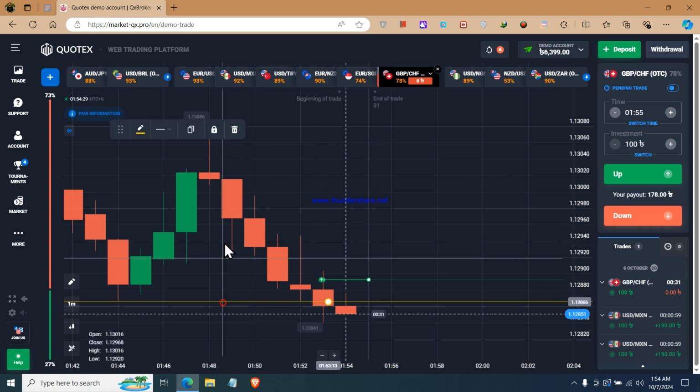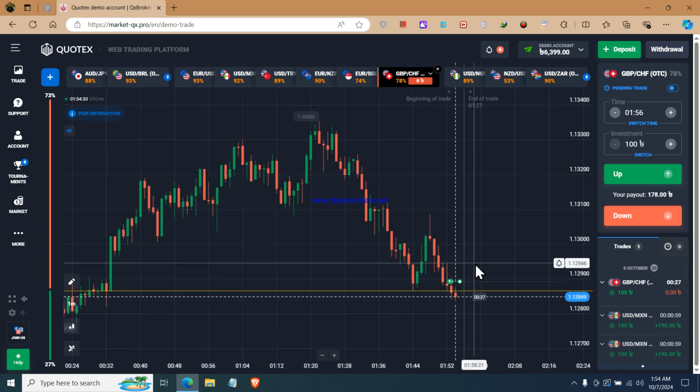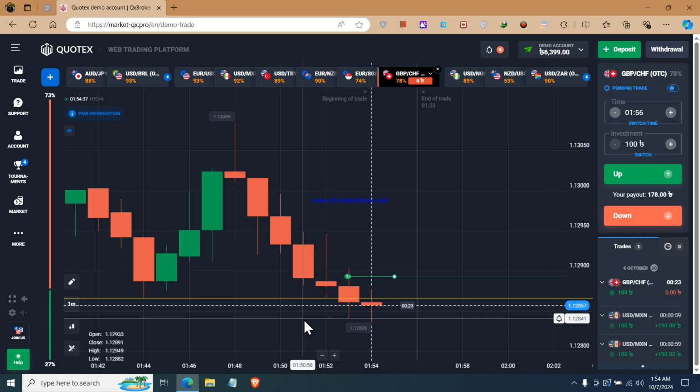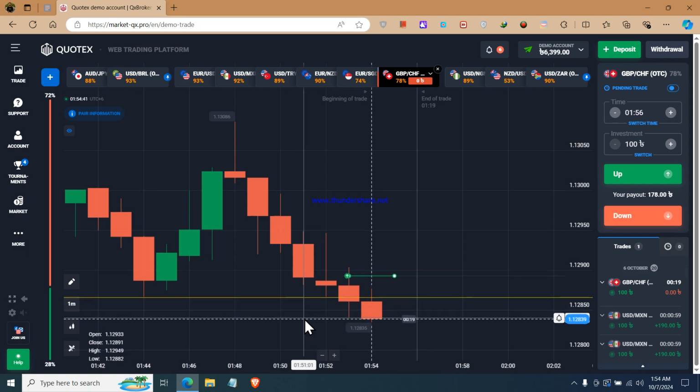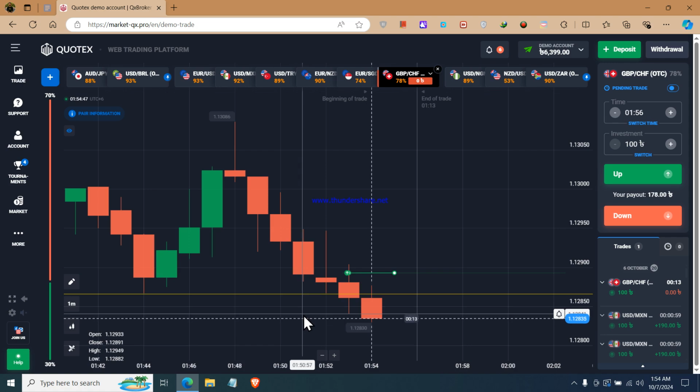Sellers are trying to make this support a resistance, and if they do, I'm going to place my trade for down option. We can see the buyers' entry from this support, and they're breaking this support again.